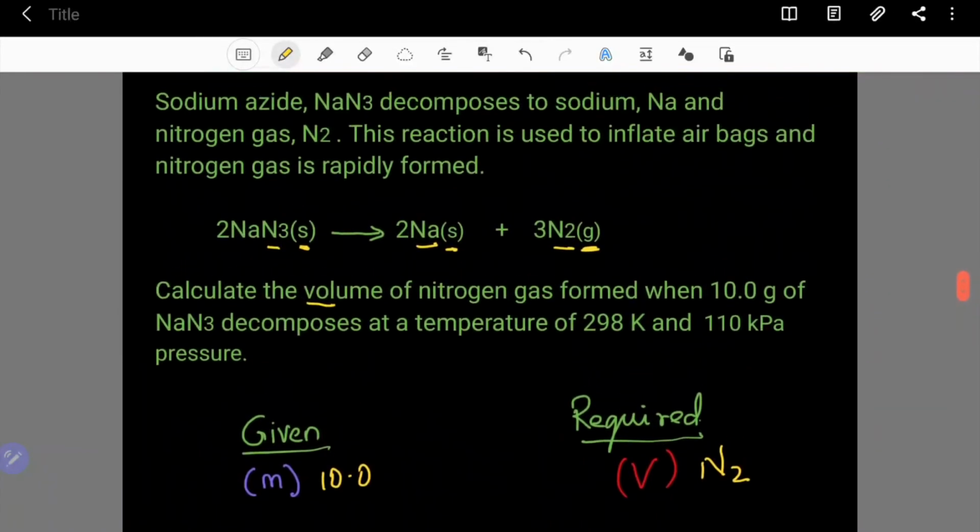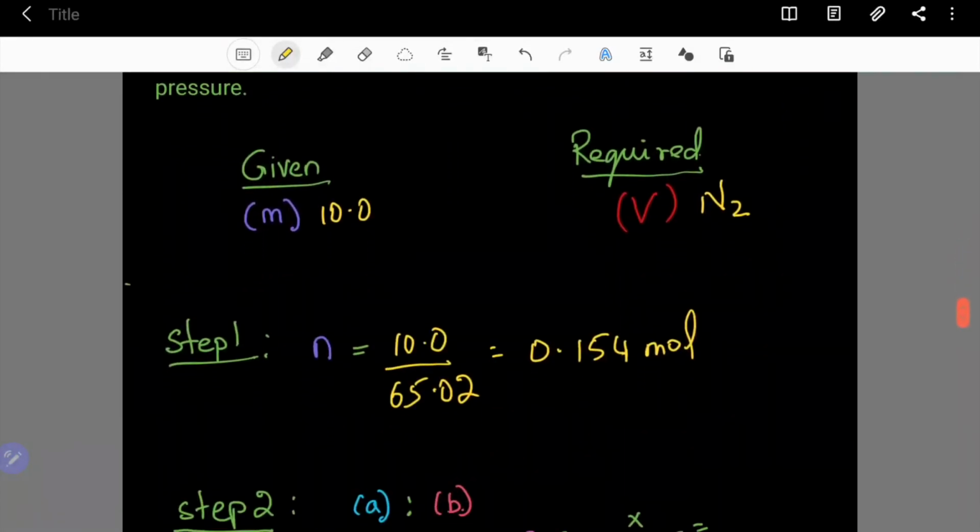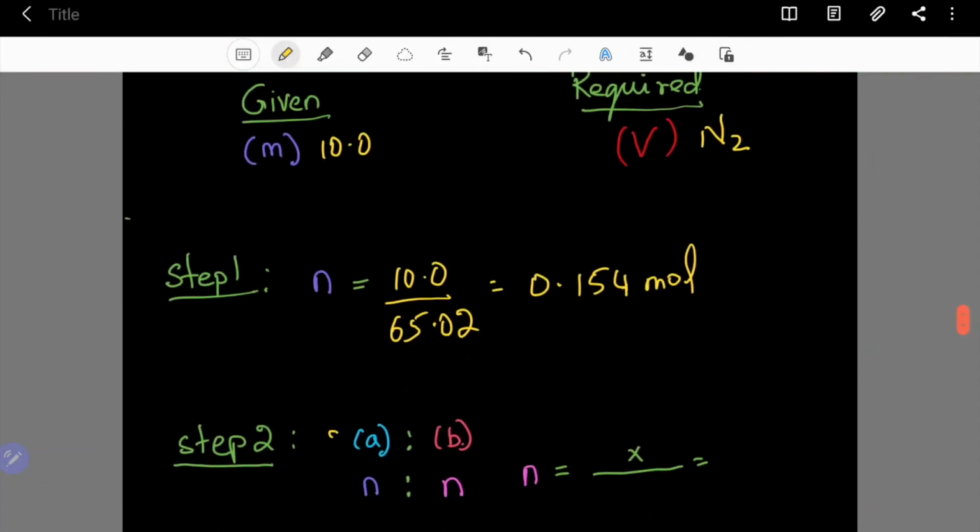A and B are the stoichiometric coefficients between the given and required quantities, and in this case it is 2:3. And so A is 2, B is 3, amount in moles of the given quantity is 0.154.